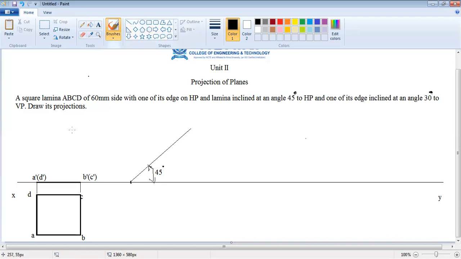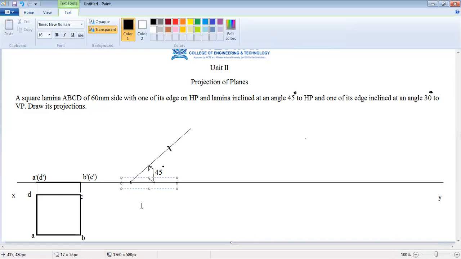And then we have to measure this A and B using a compass, place the compass here and cut an arc. So the resting edge is AD, so we place this resting edge on the XY line.